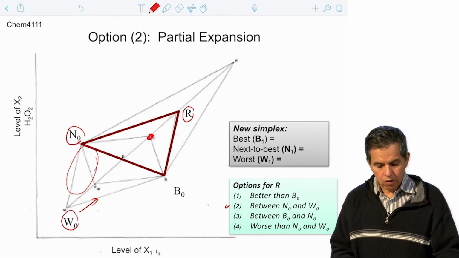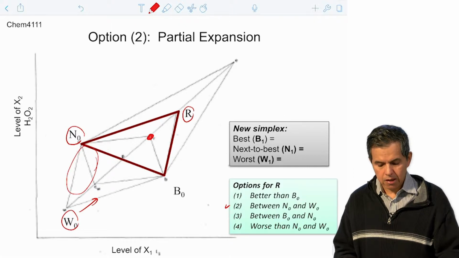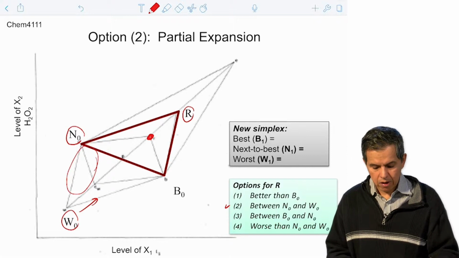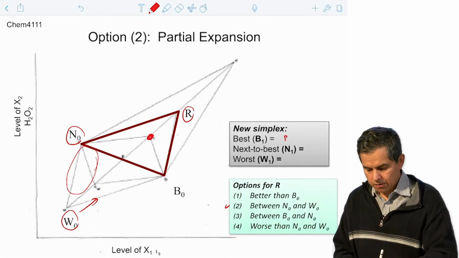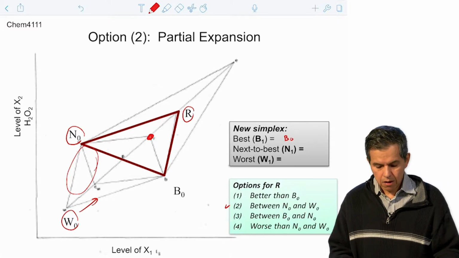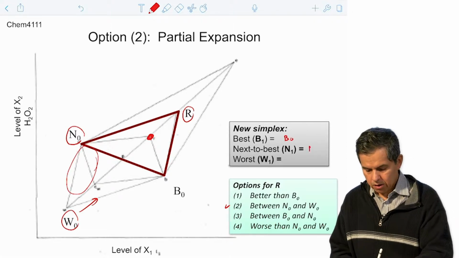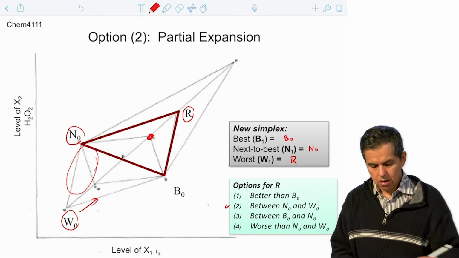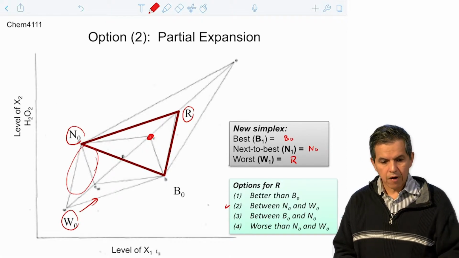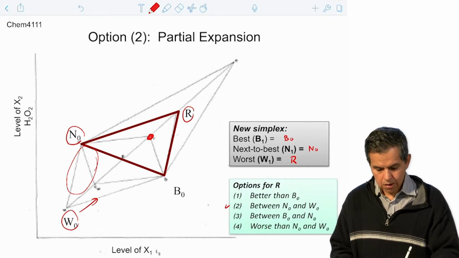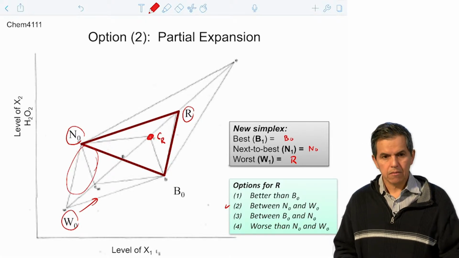In this case, the best measurement is still the initial one, the next to best is still N naught, and the worst measurement is now R. And again, we define this point as CR.